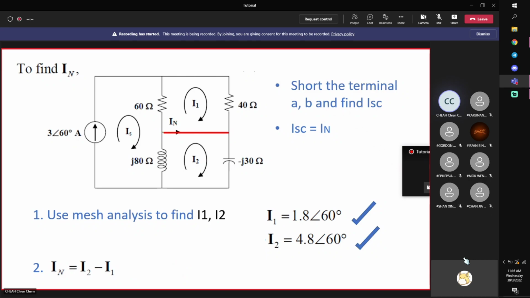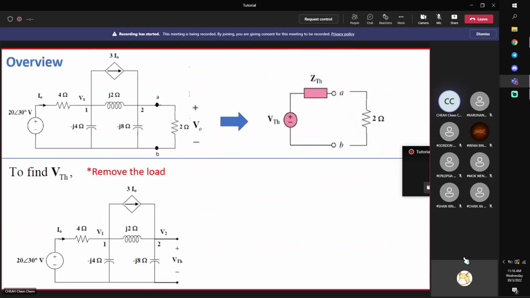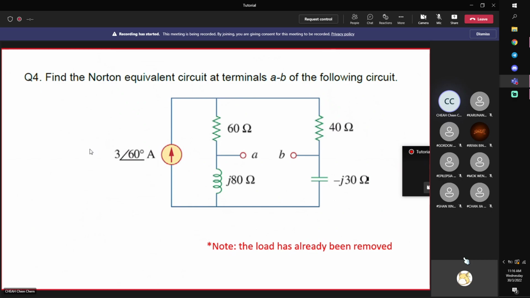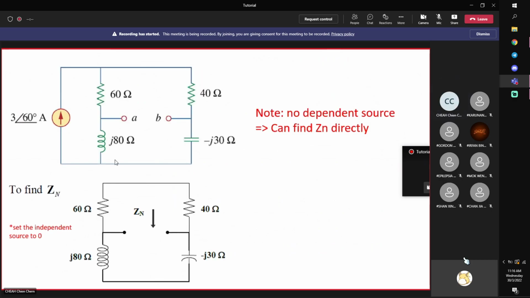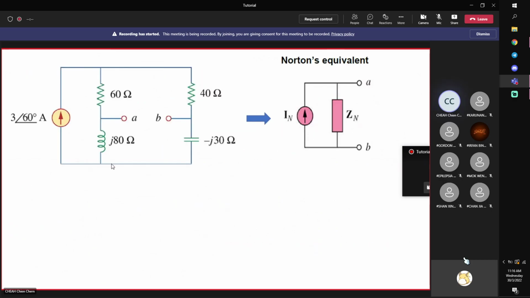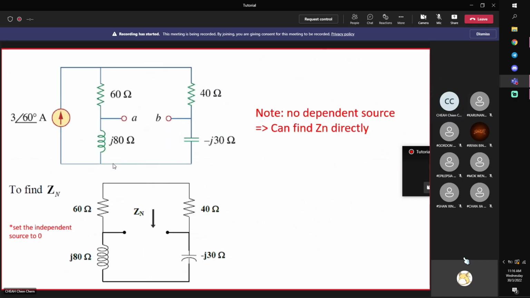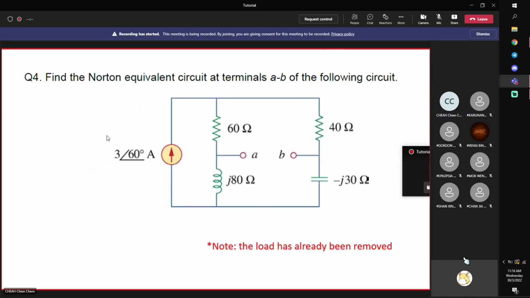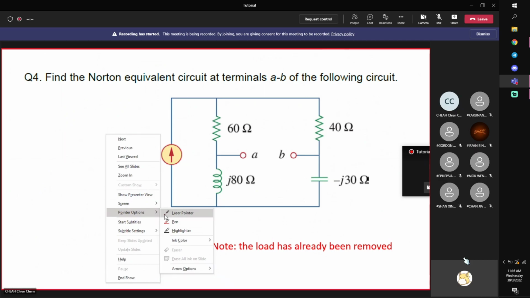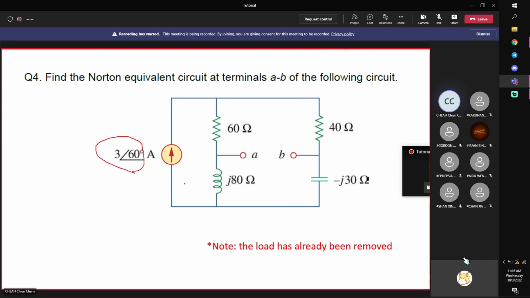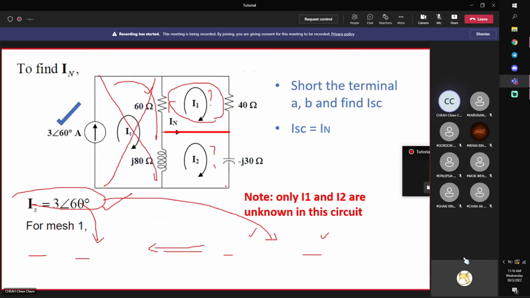In these questions, take note that it's already in phasor form, so we just leave it in phasor form.